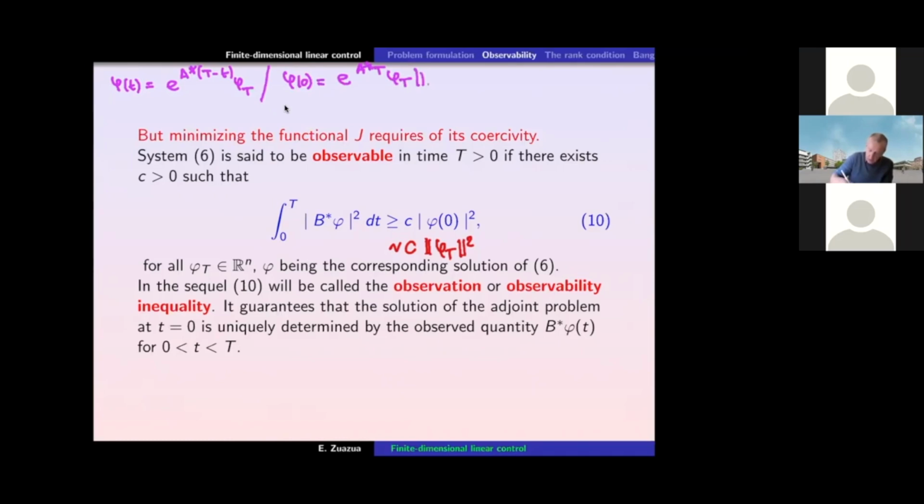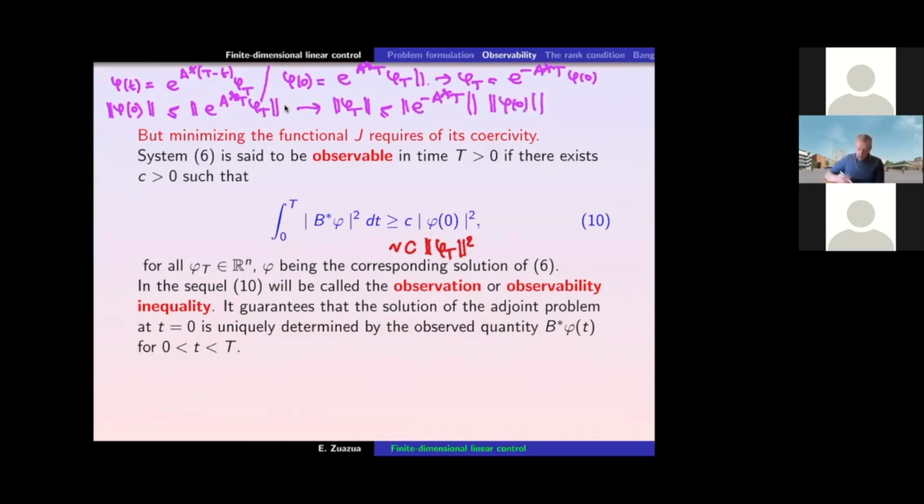And then out of this formula, you can always claim that the norm of phi 0 is less than the norm of the matrix exponential A star T times the norm of phi T. But you can also invert this formula, say that phi T is exponential minus A star T phi 0, and therefore you also have the dual inequality, the norm of phi T is less than the norm of the reverse matrix times the norm of phi 0.